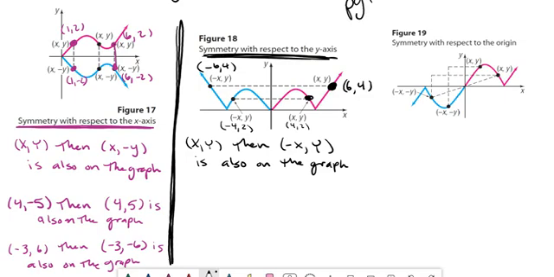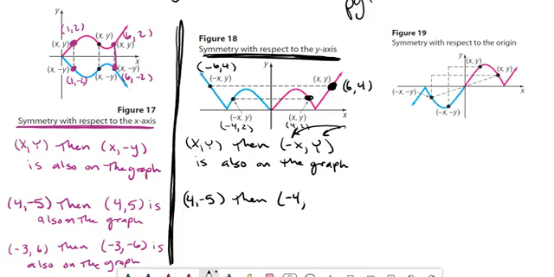Okay, so again, let's use the same similar practice points I used last time. So let's say we have 4 comma negative 5. If that point is on the graph, and the graph has symmetry with respect to the y-axis, that's the key here, y-axis this time, then we know it's going to have the opposite sign of x. So if x is currently a positive 4, then it's going to be negative 4.